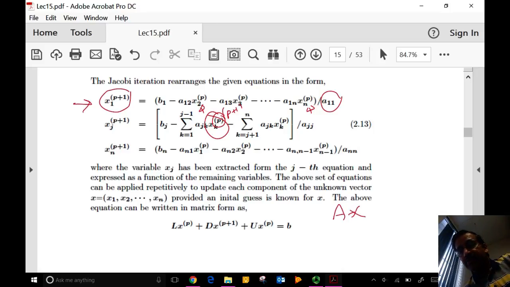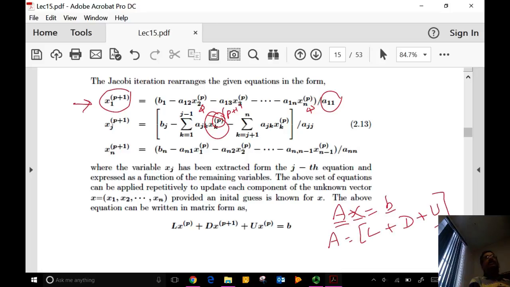This is the equation that we have, Ax equal to B. But we are writing A as L plus D plus U. You need to probably think a little bit about that. What is L? L is not coming from factorization. It is simply the lower part of A. Pull all the lower part of A and put it into L. Diagonals of L will be 0 because the diagonals are put in the D matrix.